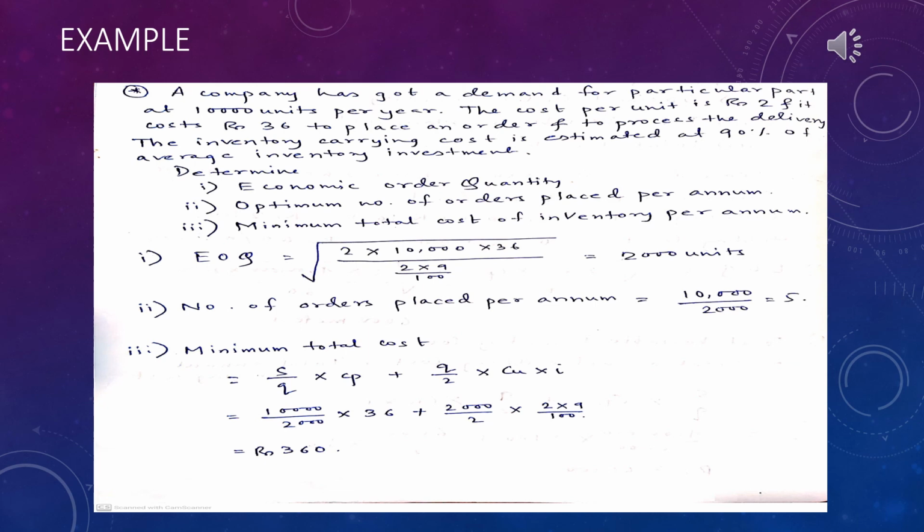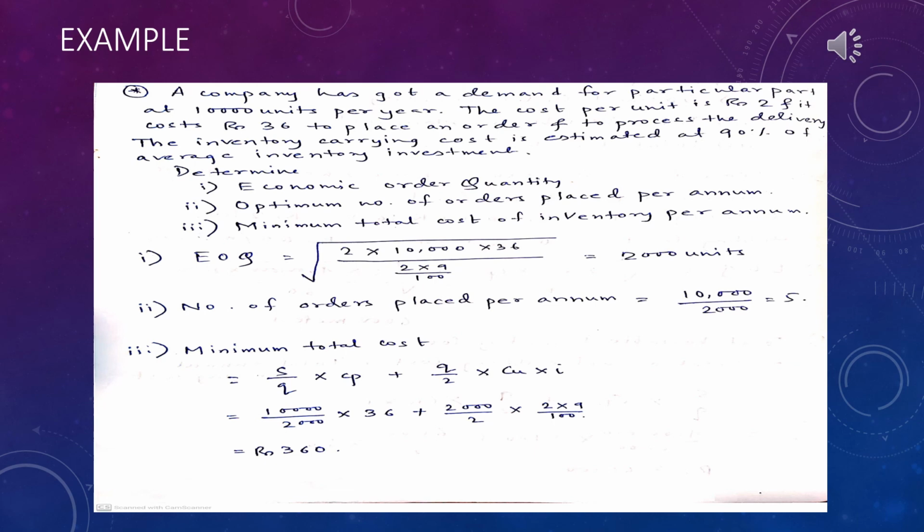And most importantly, going back to the total cost calculation, as from the very first sum: S by Q into CP plus Q by 2 into CU into I. Putting in the formula and values from the sum, we find the minimum total cost to be rupees 360.